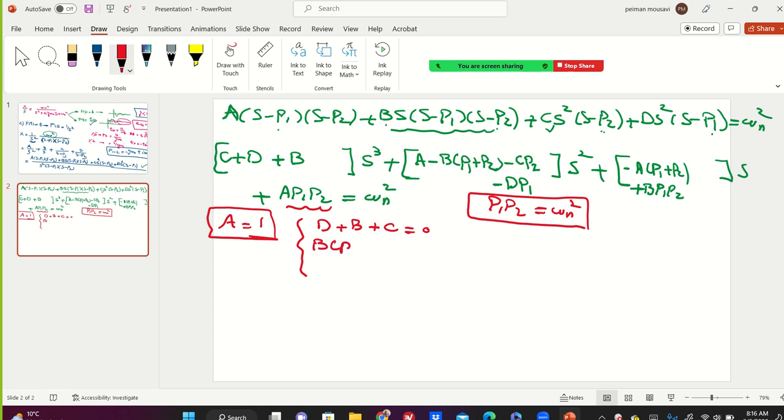B P1 plus P2 plus CP2 plus DP1 is minus 1. I'm just putting the other side, A, right? Or it is 1, not minus 1. This is 0, it's gonna be 1.